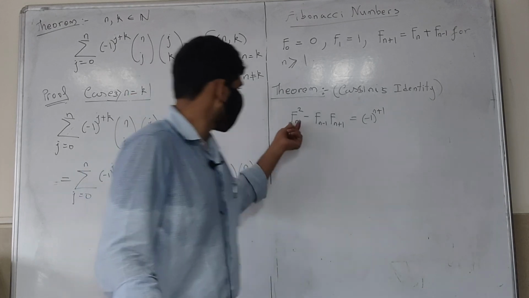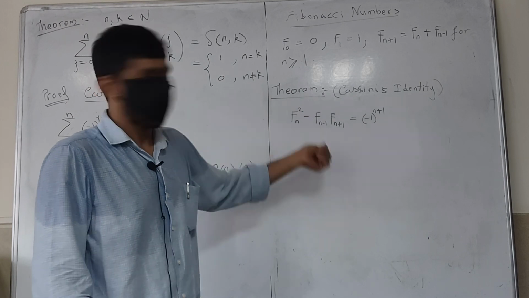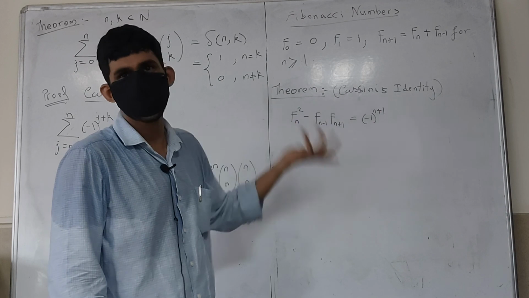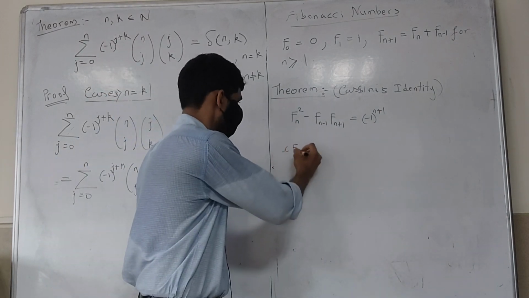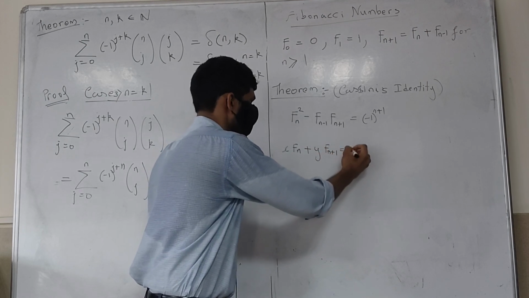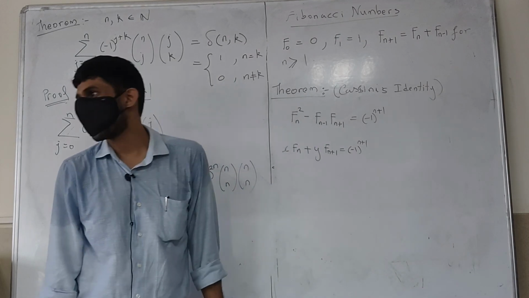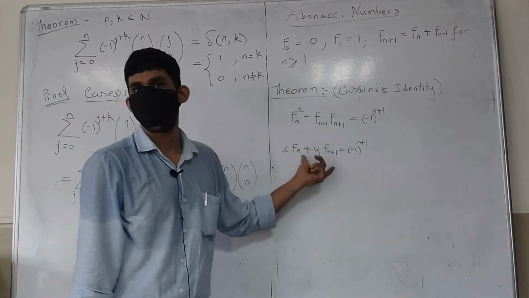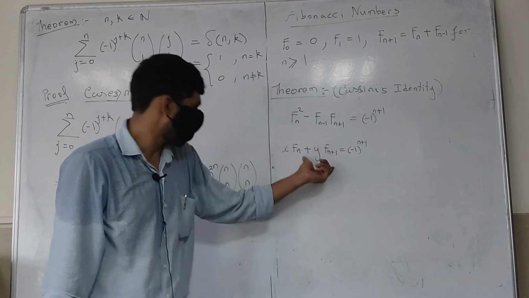Yeah. So if you take one of the fn's here as x, and if you take −f(n−1) as y, what you will get is x times fn plus y times f(n+1). Now can anyone spot it? Yeah, it tells us that the two numbers are relatively prime. Why?